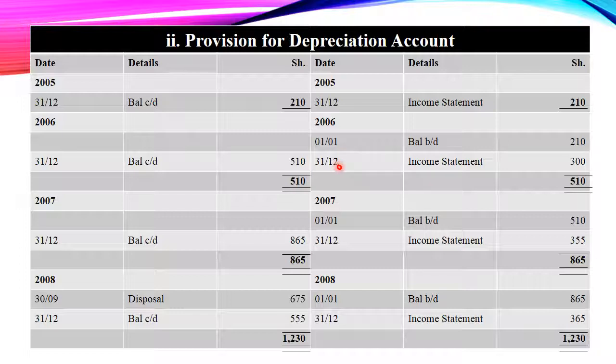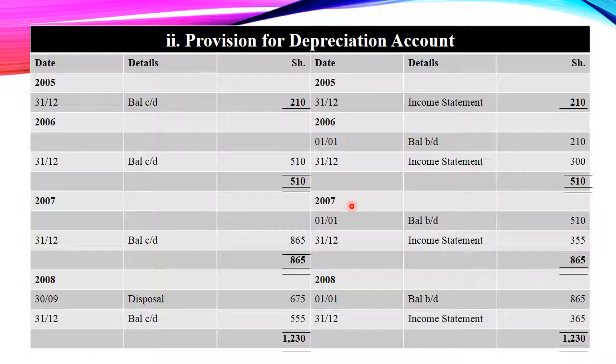On 31st of December of 2006, the total provision for depreciation that will be posted in the income statement equals 300 shillings. Adding up 300 to 210, you have 510. To balance off the account, you carry down 510. Balance it off with 510.